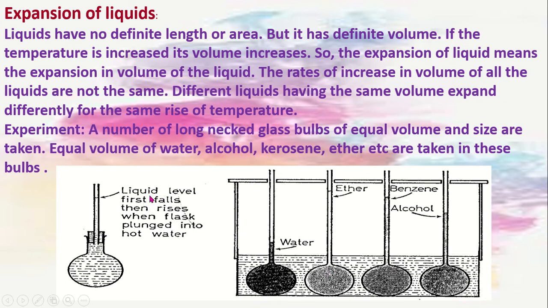So you know, the liquid level first falls down when the flask is plunged into hot water. We will take a large vessel which contains water of room temperature, and we will place those 4 bulbs vertically inside this larger vessel, and we will mark the level of the volume in the stem.